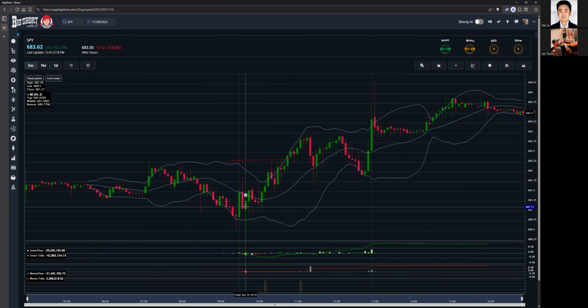So we have 15, 30, 45, 1 hour. Yeah, so that's the top of the opening range. This is the bottom. And we didn't break out until here, which is 10:55. So it is a trend day. However, it's also the day after Thanksgiving, so it's a half day. So we don't really know. This is going to be a weird day. But it did trend strong in the morning.